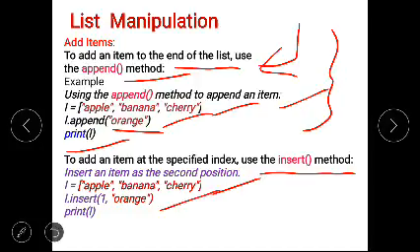It means you want to insert orange at index number 1 in list L. After writing this, if you use print, this will give you apple, orange, banana, cherry. Orange will push forward the item at the index number specified. Okay.